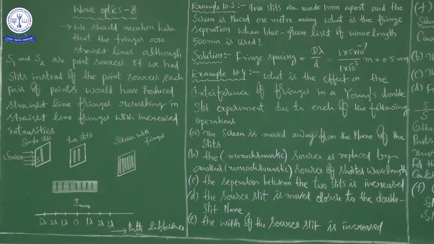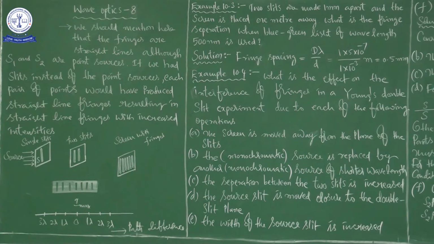For destructive interference, Xn is equal to (n plus 1 by 2) into lambda capital D by small d, where n is equal to 0, plus or minus 1, plus or minus 2, etc. So these two are the conditions we derived for constructive interference and destructive interference.